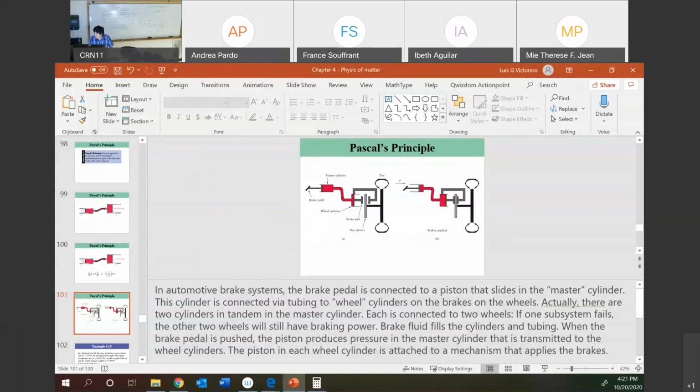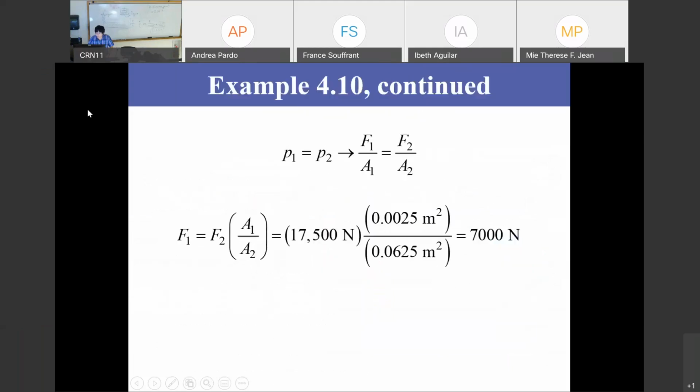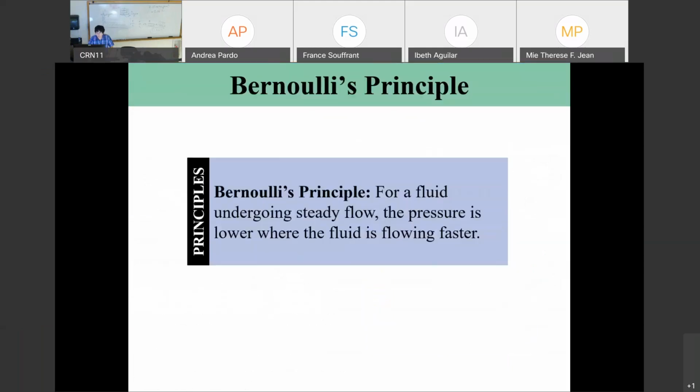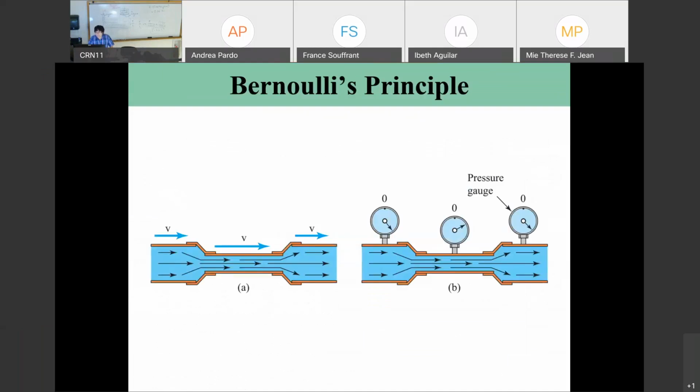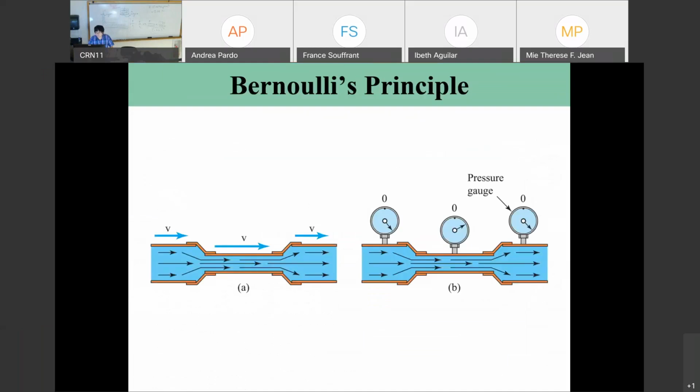Let me see what we have. So that's a problem there. That's a solution. Bernoulli's principle. Okay. Now, the math, honestly, guys, you don't have to worry about the math here. Just about this, the equation of continuity. Okay, and that's how we're gonna finish with this.